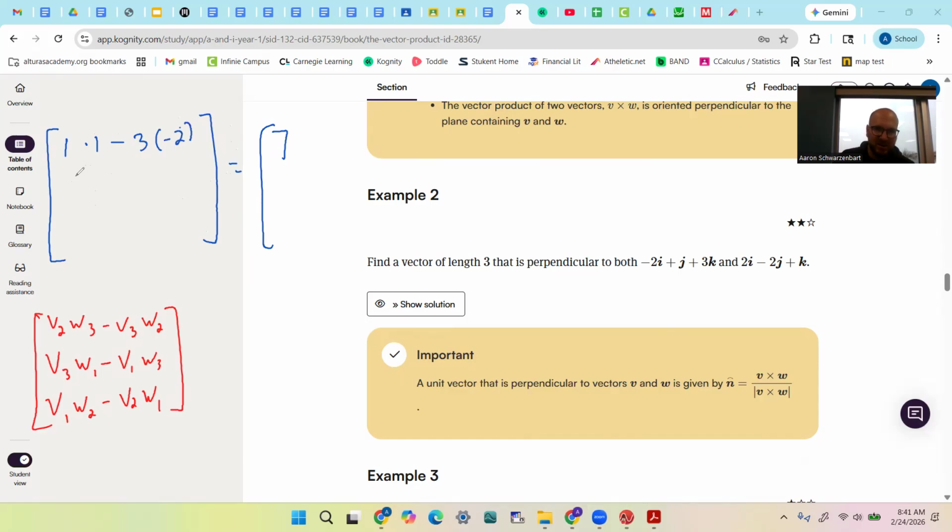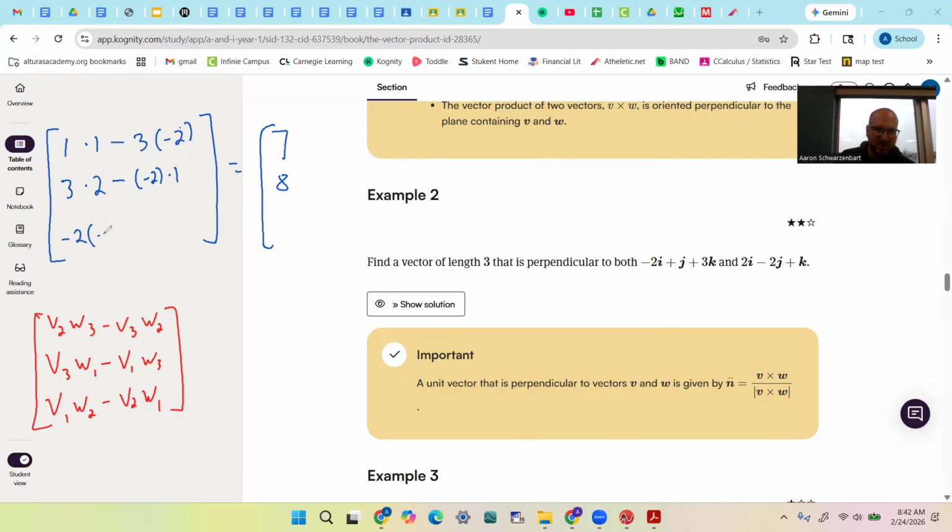V3 is 3, W1 is 2, minus V1 is -2, W3 is 1. This might be the same vector. I feel like these are the same vector that we just did, just written in a different form.